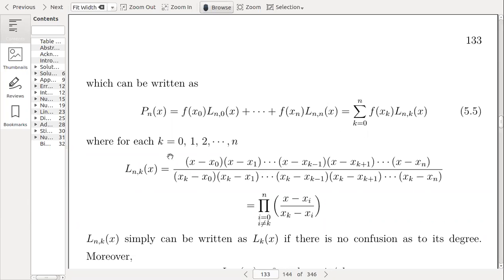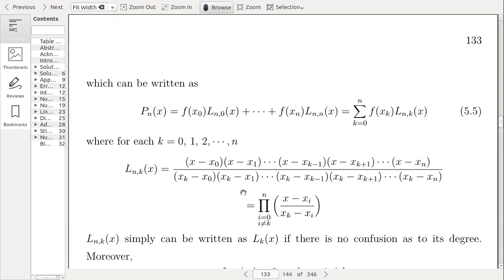Just note that we will not have xk in the numerator, so we have to skip the term xk. You just observe here x minus x(k plus 1): the next term should be x minus xk, but we have to skip this term, that is why it is x minus x(k plus 1).